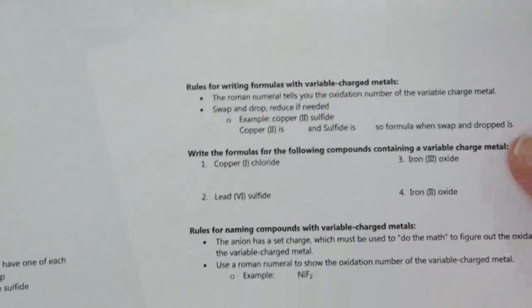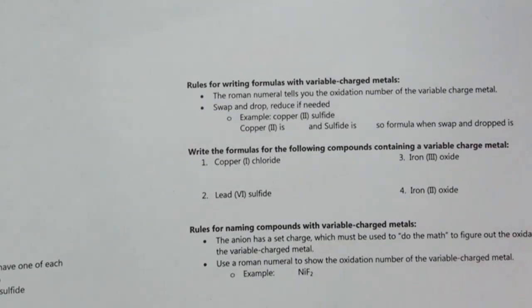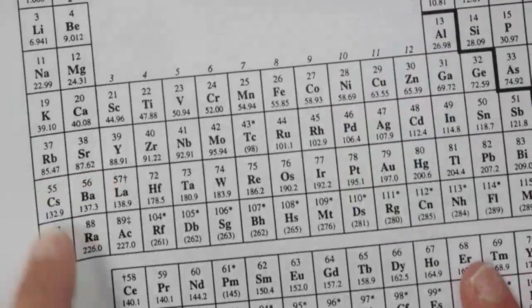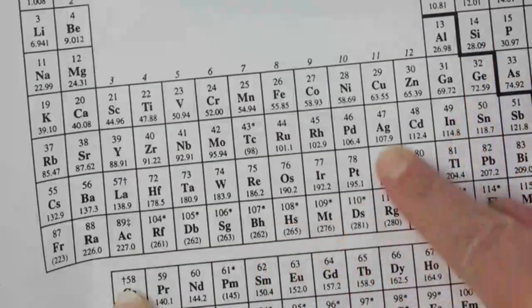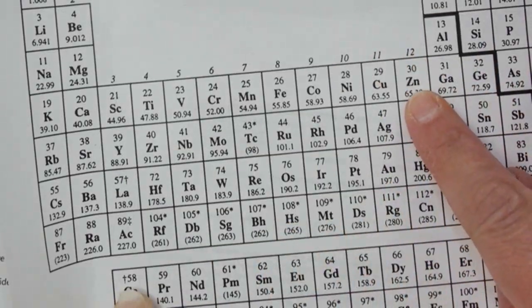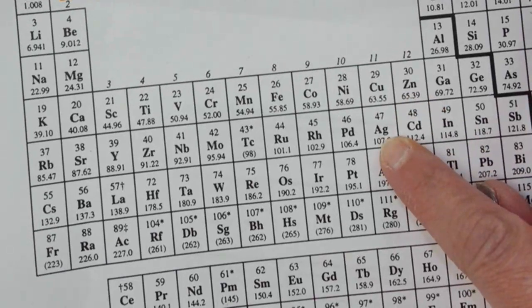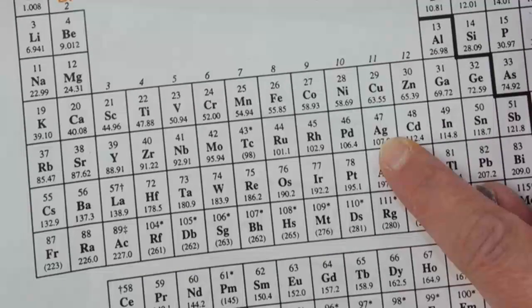A variable charge metal is going to be our transition metals, with the exception of zinc, which is a fixed charge of 2+, and silver, which is a fixed charge of 1+.